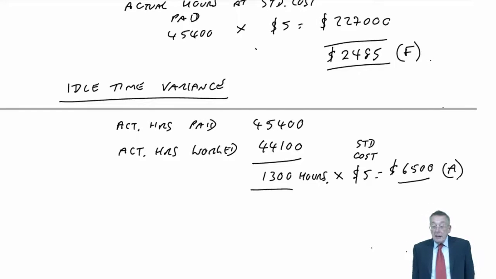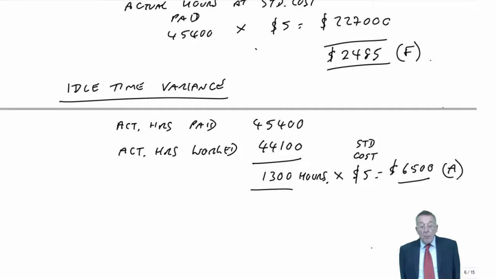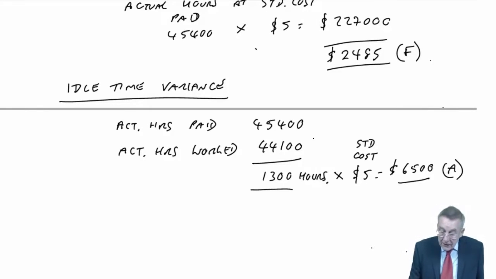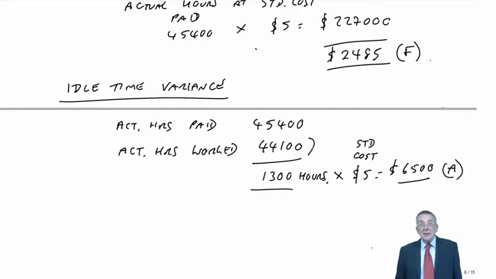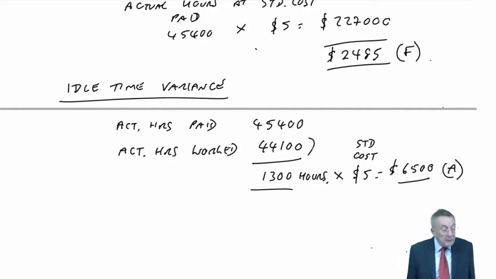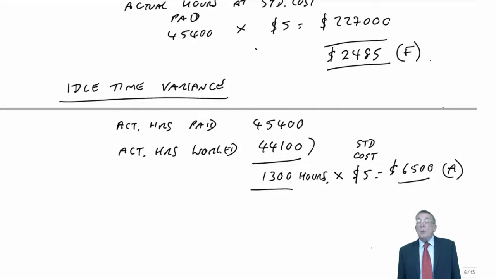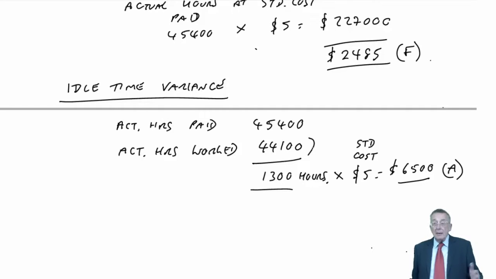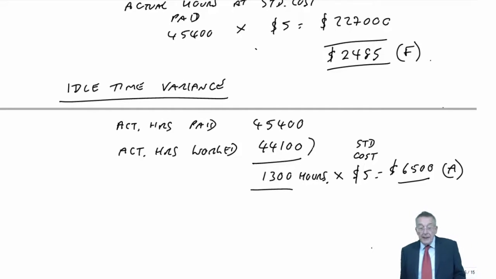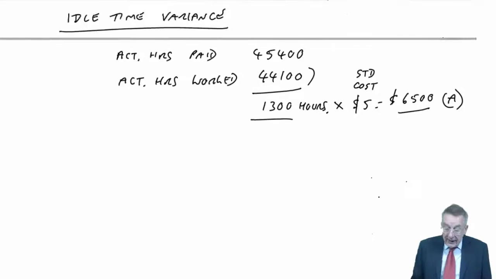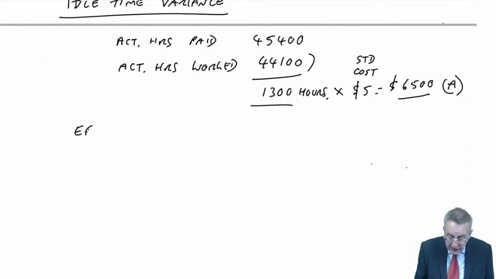Not quite there yet though, because having dealt with both of those, the last thing we need to check is, of course, those hours they worked. They were supposed to work from the cost card 5 hours a unit. We need to check, did they take longer or were they quicker than the 5 hours a unit? And we call this the efficiency variance.